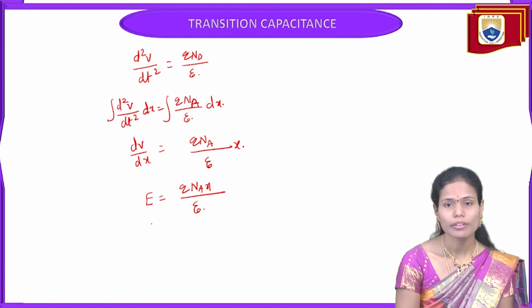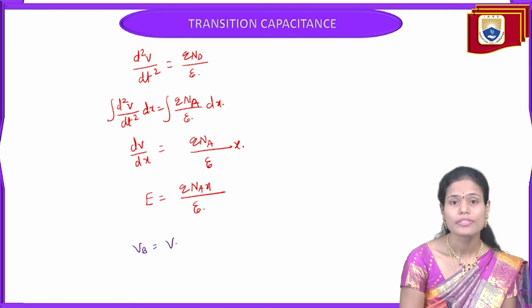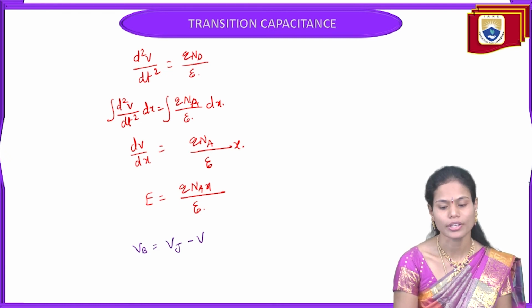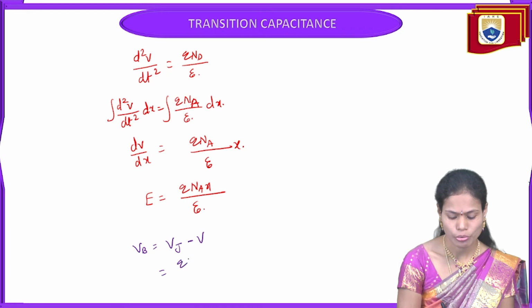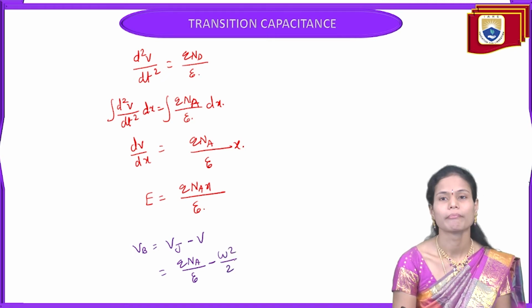Here we can also consider the barrier potential concept while calculating the transition capacitance. If we consider that, we get the barrier potential VB equal to the junction potential minus the actual potential across the junction. So this VB we can write as the junction potential developed across the PN junction diode, Q Na by epsilon, minus the actual voltage, which depends upon the width by 2.